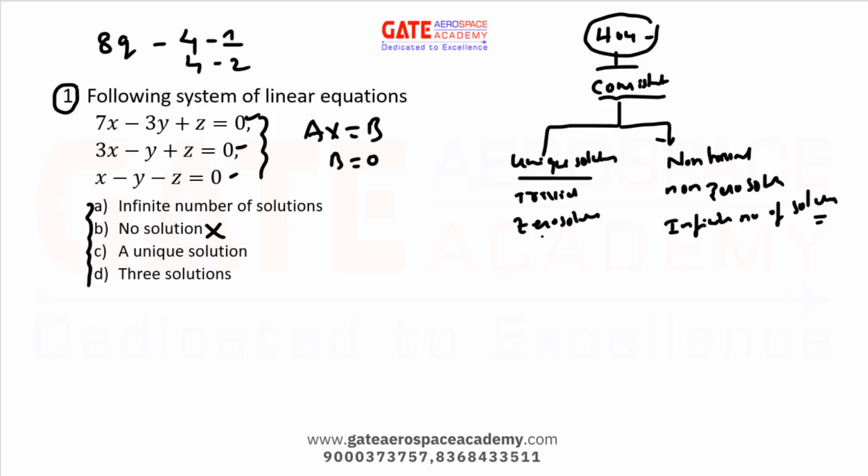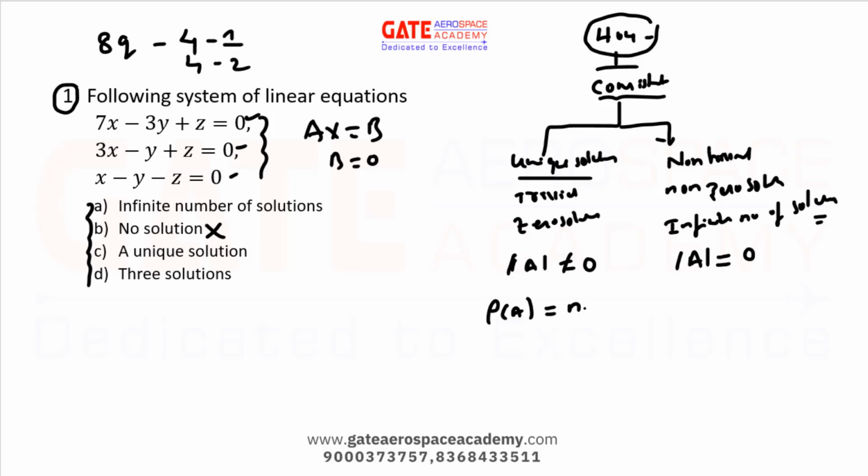Now how to find? We can solve this question in two ways. One is directly by finding the determinant. If it is not equal to 0, then this system of linear equations will have a zero, trivial or unique solution. If the determinant is equal to 0, then the system will have infinite number of solutions. The second way is to find the rank of this matrix.